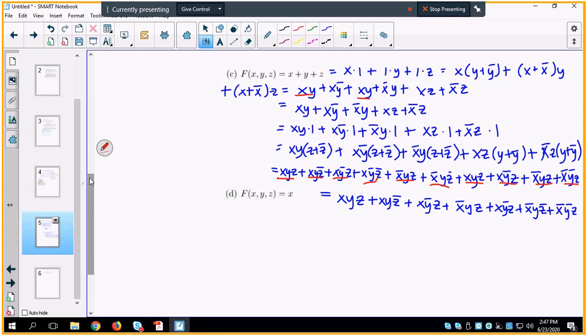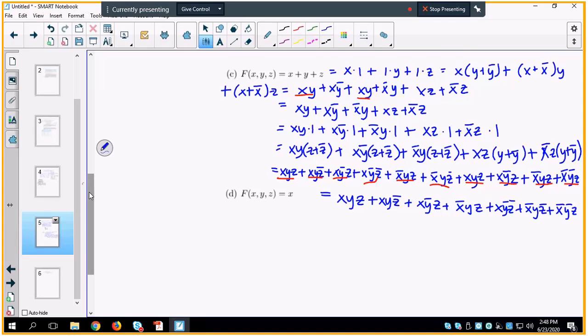We end up with xyz plus xyz bar plus xy bar z plus x bar yz. And then I think I should have here xy bar z bar, forgot to put a bar there, plus x bar yz bar plus x bar y bar z.